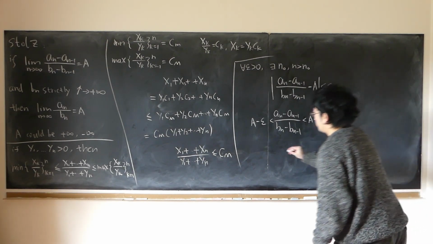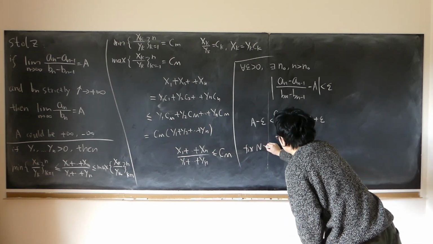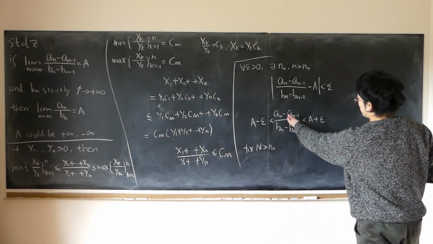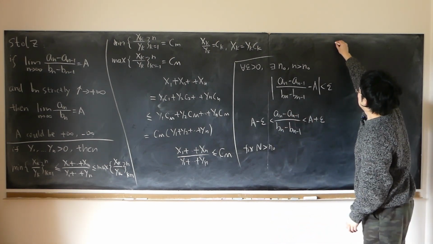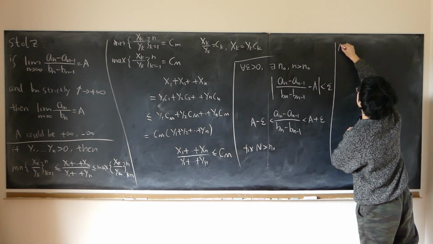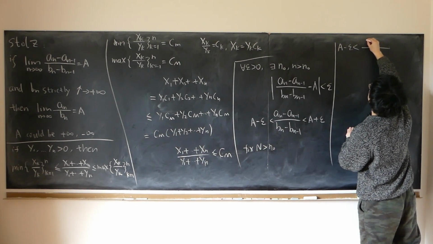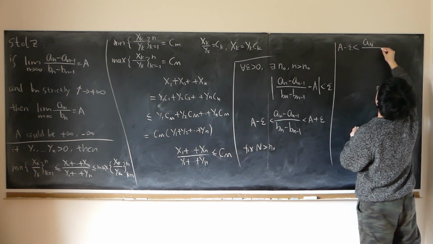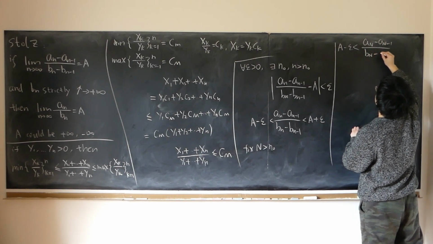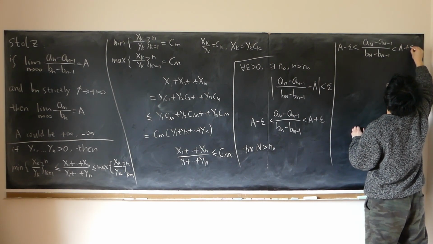Now, I'm going to fix capital N, which is larger than n naught. Then following the same inequality, I should have a series of inequalities, like a minus epsilon is less than a capital N minus a capital N minus 1 over b capital N minus b capital N minus 1, less than a plus epsilon.